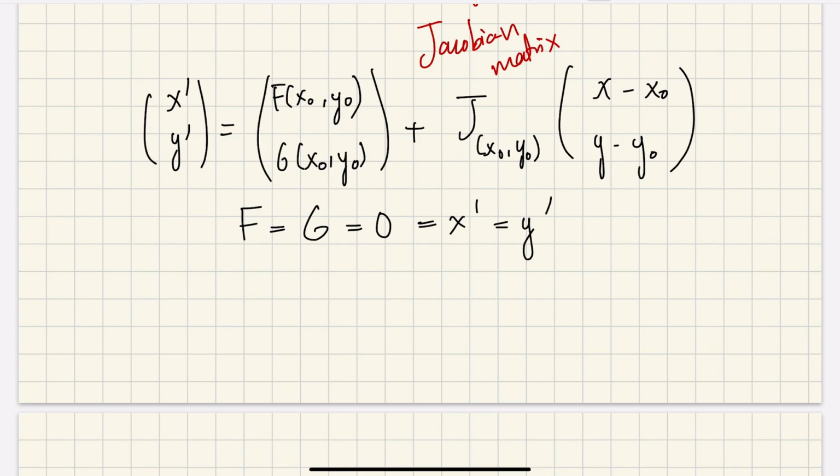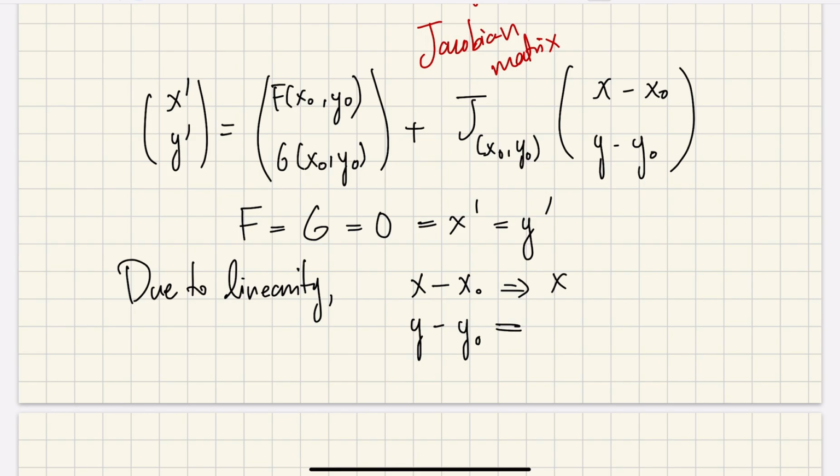And because of linearity, we say that x minus xo is just x, and y minus yo is just y. This is a bit of an approximation. So now using these facts, let's rewrite this thing.